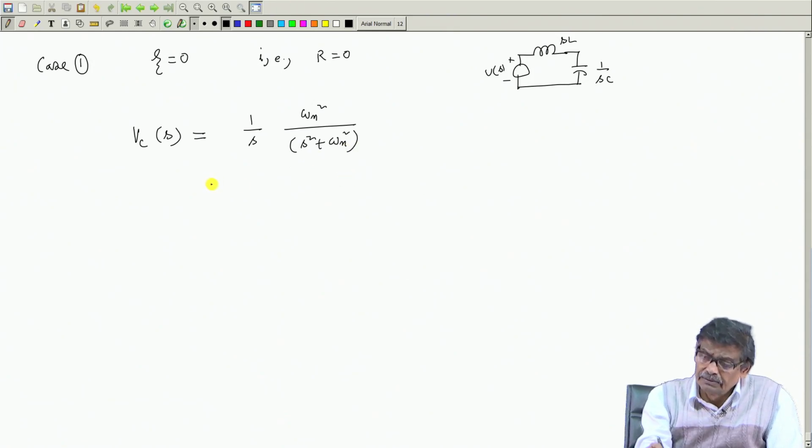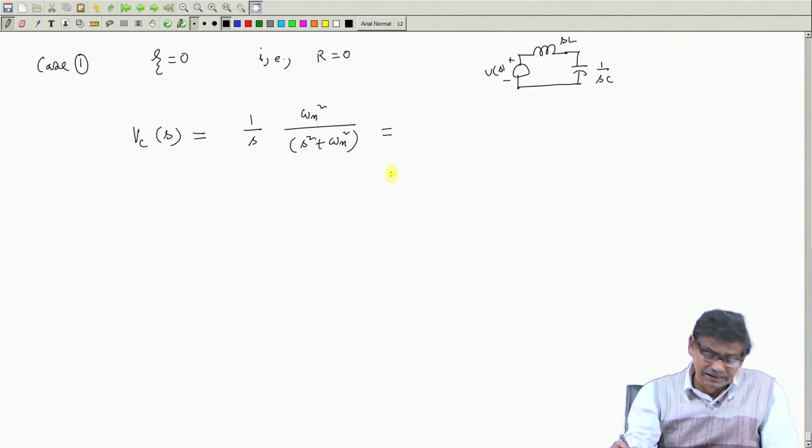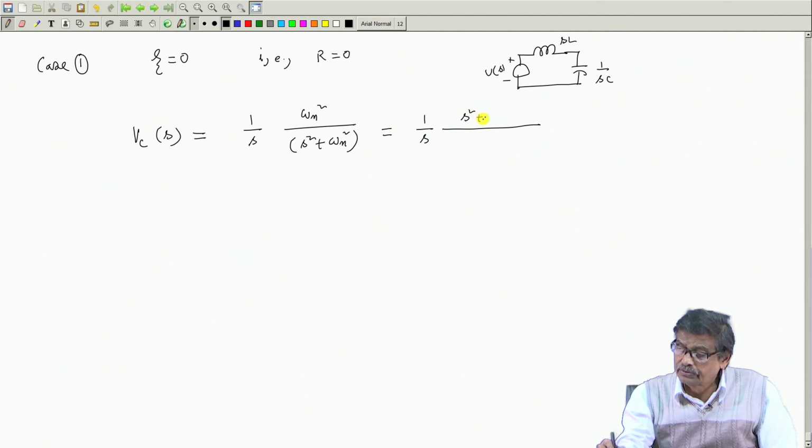So, the easiest way for this particular case is, I can do partial fraction, but mentally it can be easily done. What you do is this 1 by S, and then you add 1 S square and subtract another S square, and this is S square plus omega n square.